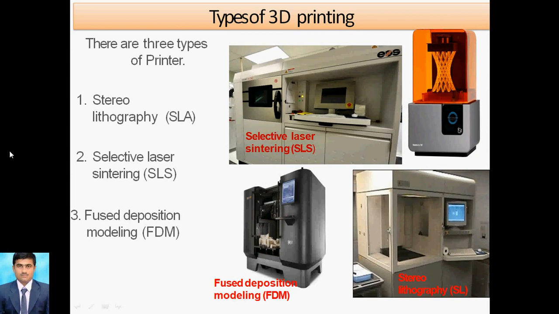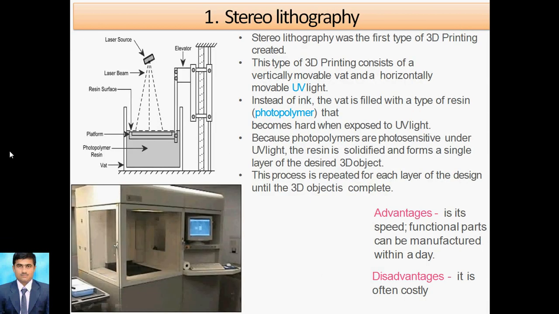Now we'll discuss first stereolithography, that is SLA. SLA was the first type of 3D printing created, and this type of 3D printing consists of a vertically movable vat and a horizontal movable UV light. Instead of ink, the vat is filled in this container with a type of resin.